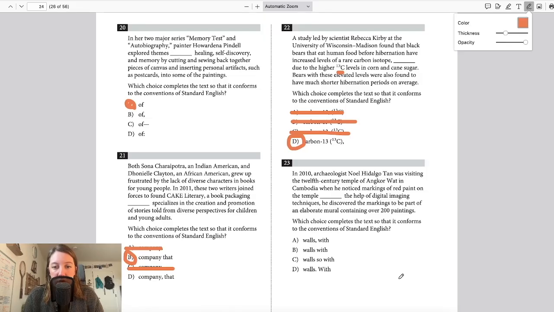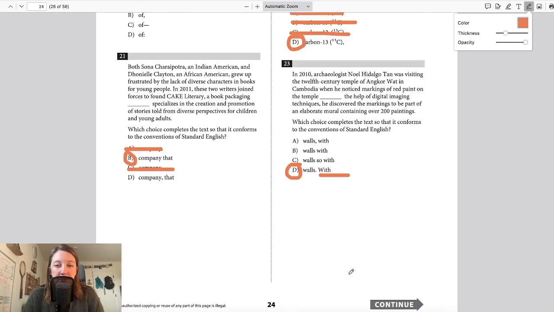Okay, so this one is walls, so we need to figure out how to structure that. So he noticed markings of red paint on the temple walls. With the help of digital imaging techniques, he discovered, okay, so we're trying to break up this sentence. This one is D. This should be a period after walls, and then this introductory phrase, with the help of digital imaging techniques, comma, he discovered and so on. Hopefully that makes sense.